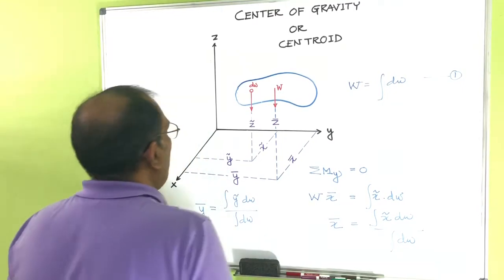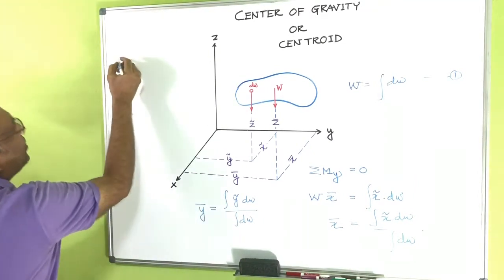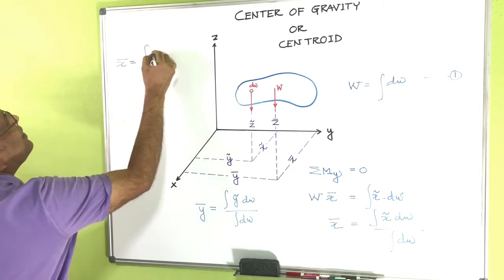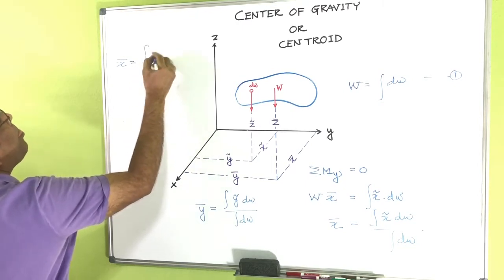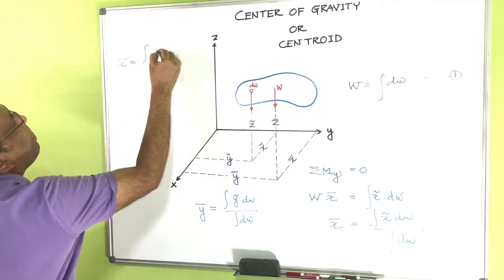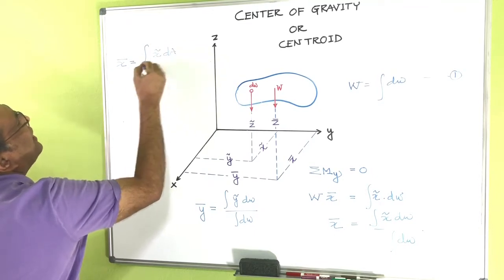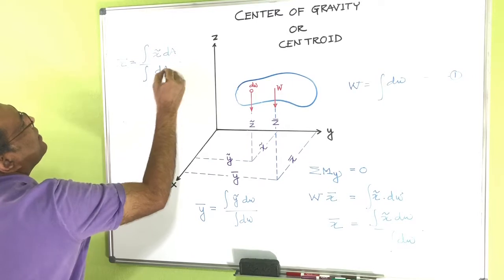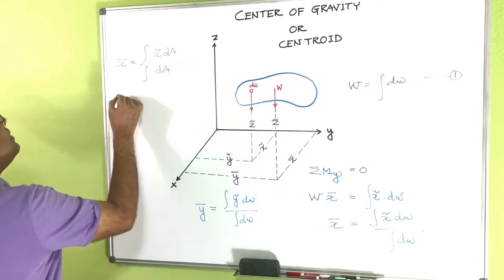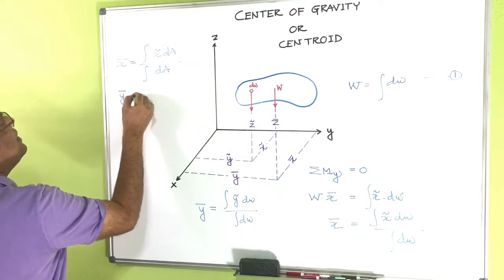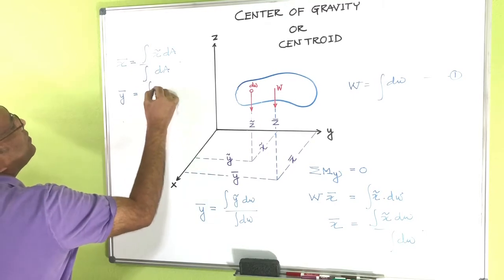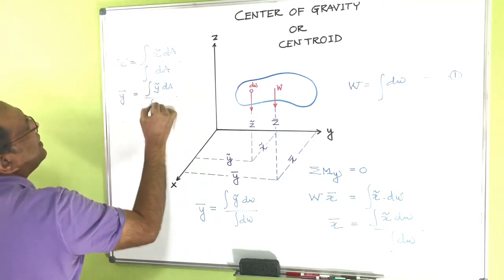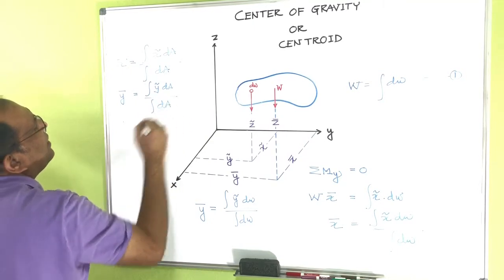So in that situation, your x bar would be the integration of x tilde dA divided by the integration of dA. Similarly, your y bar is equal to the integration of y tilde dA divided by the integration of dA.